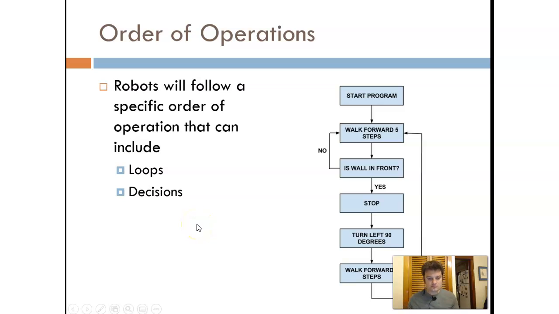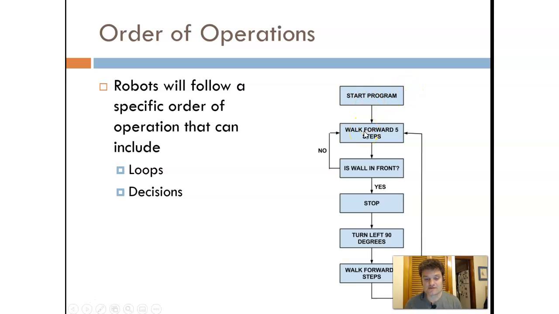So, what we're going to be doing is we're looking at these flowcharts. Now, a flowchart is essentially a representation of our algorithm, our robotic logic that we're going to be doing. They're going to follow a specific order of operation that includes stuff like loops and decisions. So right here you can see this is a program for having a person walk forward.